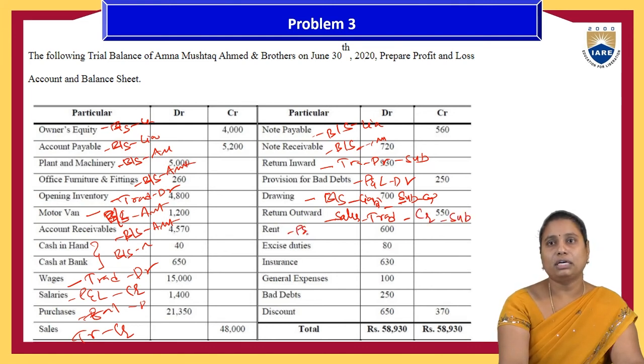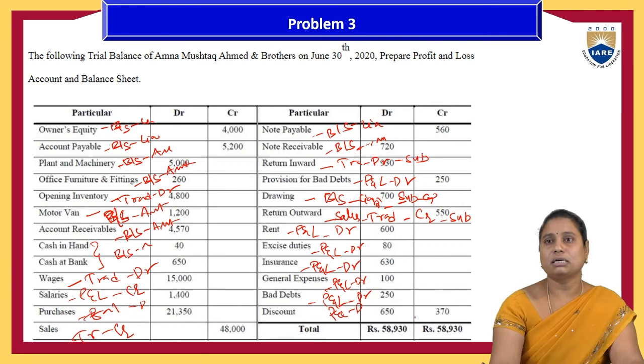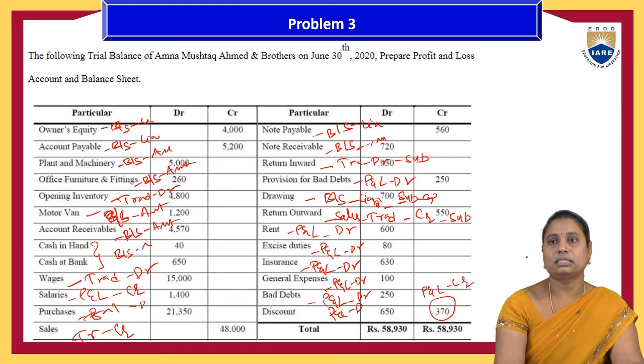Rent, profit and loss account debit side; excise duty, profit and loss account debit side; insurance, debit side meaning expenditure, profit and loss account debit side; general expenses, profit and loss account debit side; bad debts provision they have maintained, profit and loss account debit. And here the discount received, this amount will be called discount received, so profit and loss account credit side we have to write.